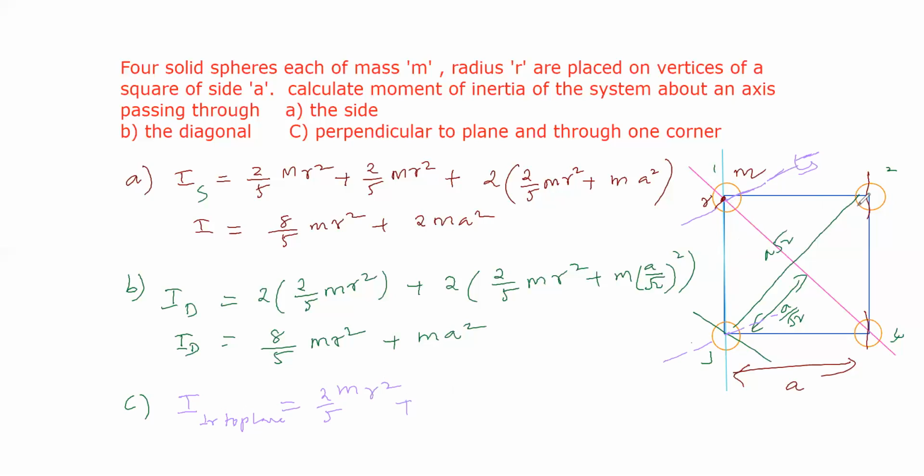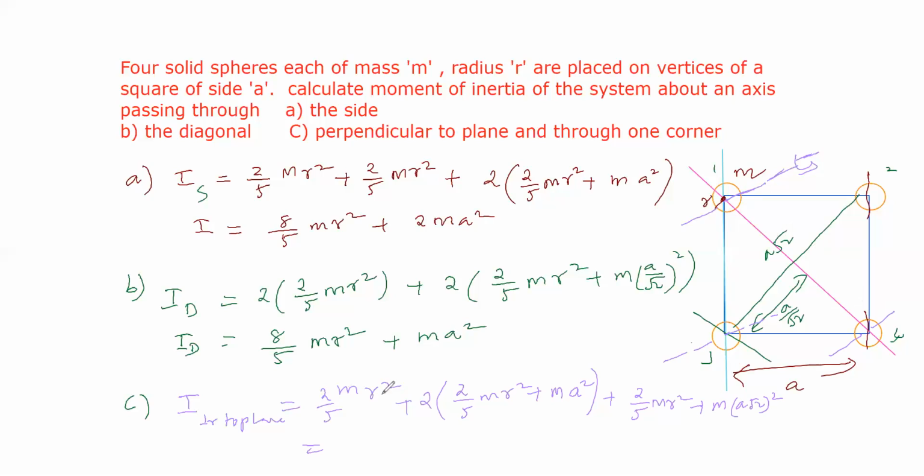For two of the spheres the moment of inertia is equal, so we take 2 times: about the center of mass 2/5 mr² plus m times the square of the perpendicular distance a, so ma². Now for the fourth sphere we again use the parallel axis theorem: 2/5 mr² about the center of mass plus mass times the square of the distance between the parallel axes, that is m(a√2)², because this length is a√2.